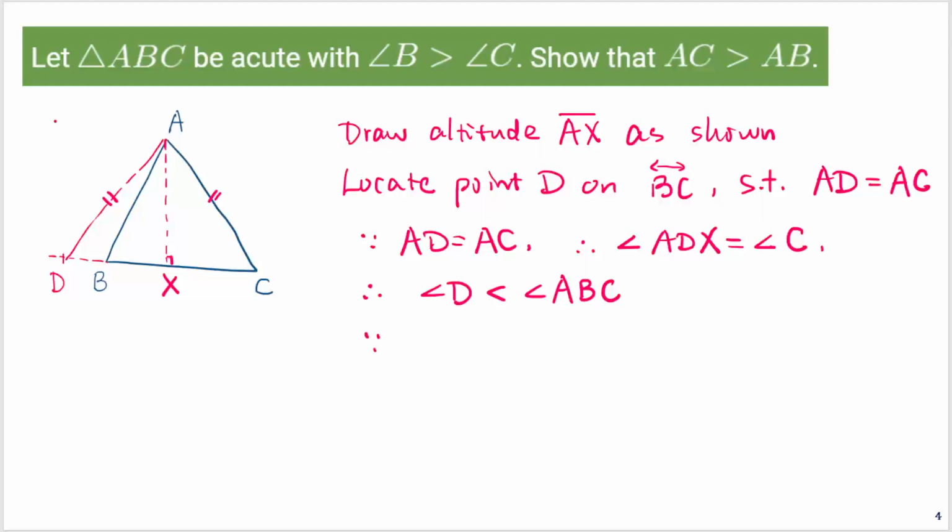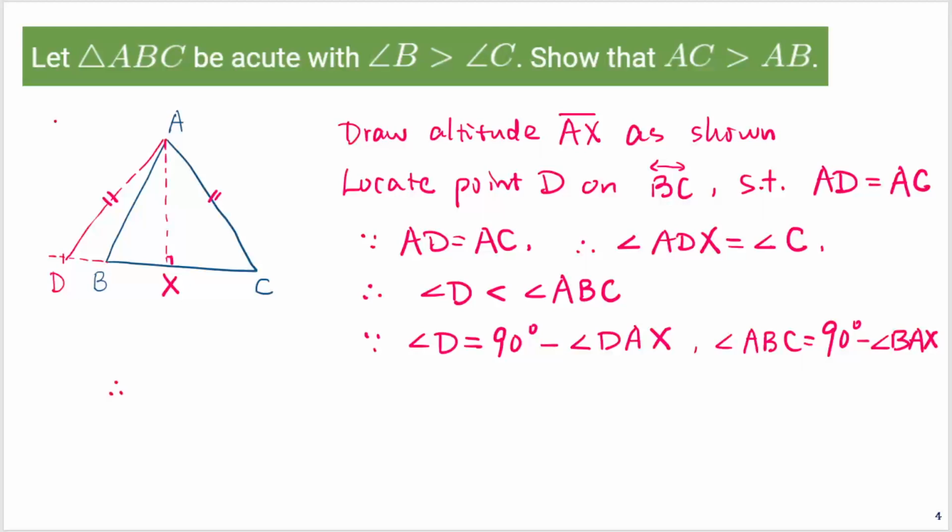And because angle D also equals 90 degrees subtracted by angle DAX, and angle ABC equals 90 degrees minus angle BAX, therefore, we have 90 degrees minus angle DAX, that's angle D, right?